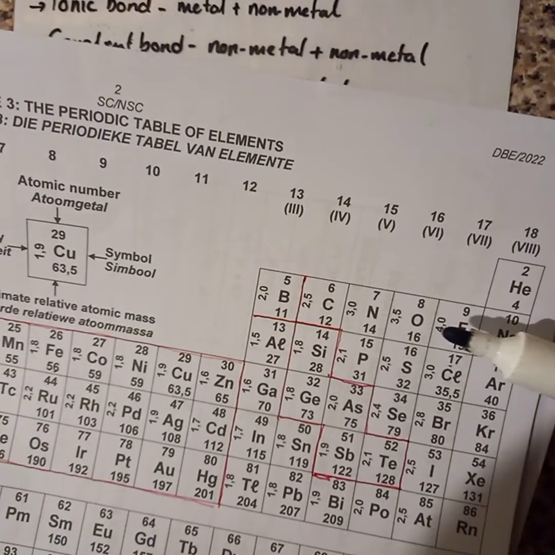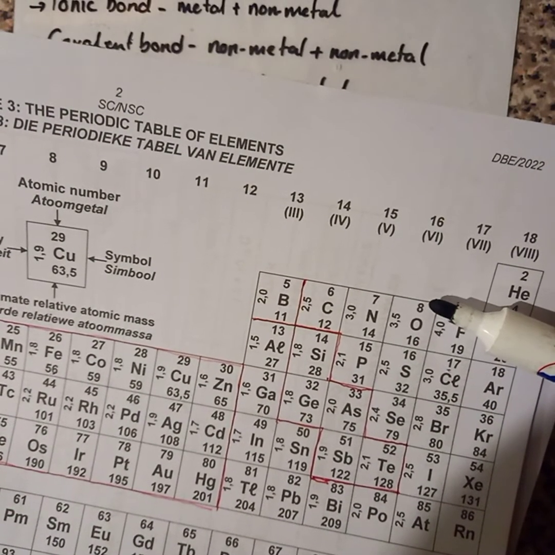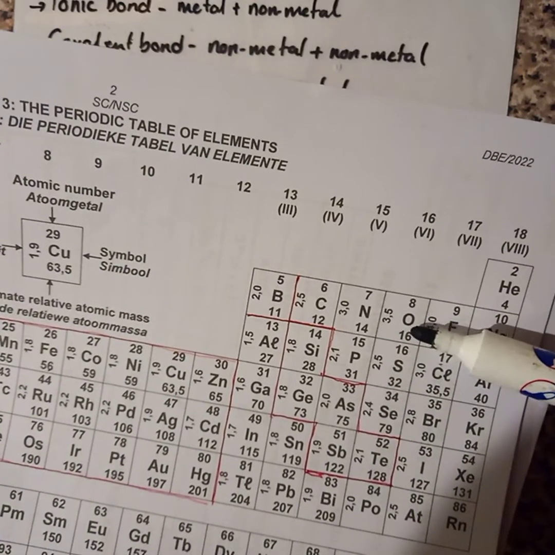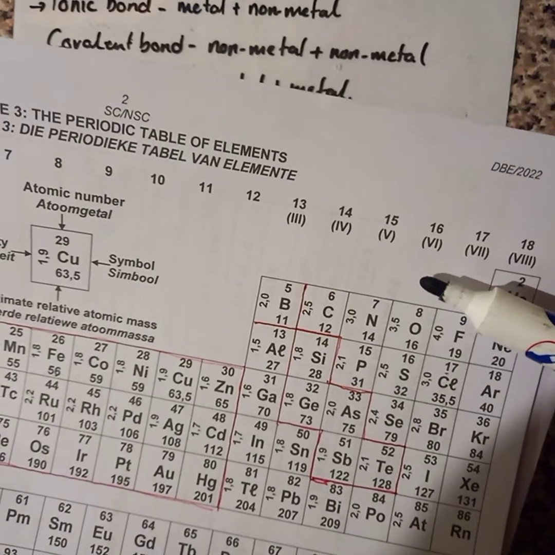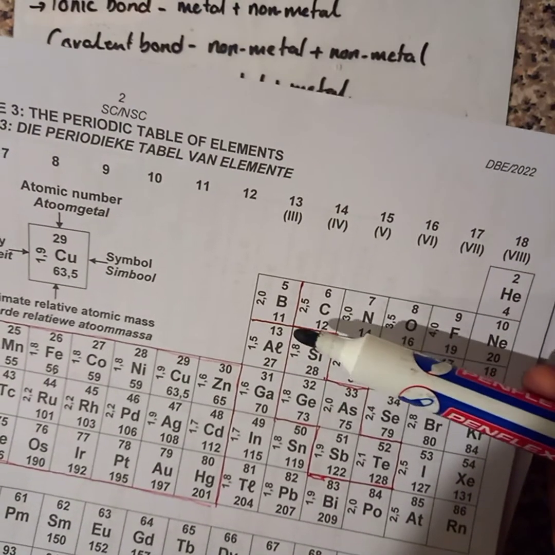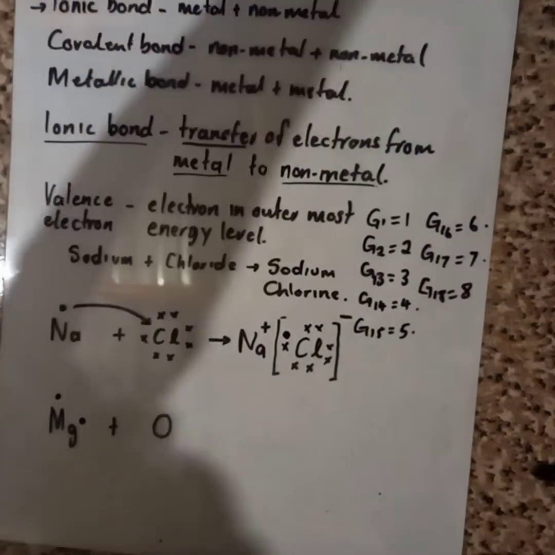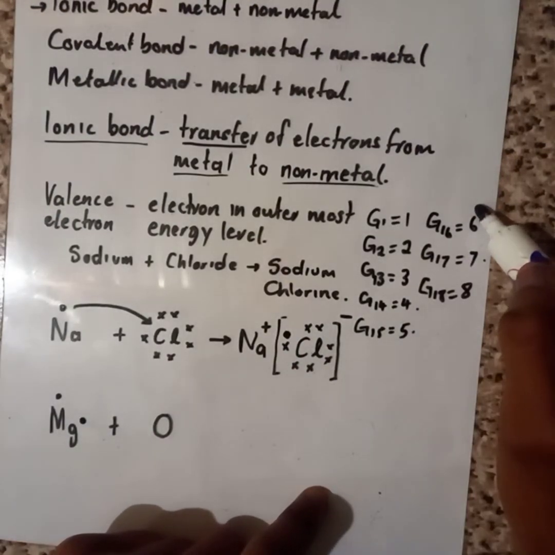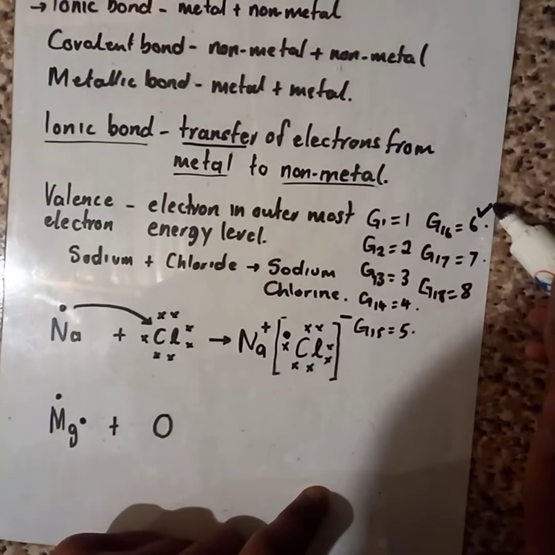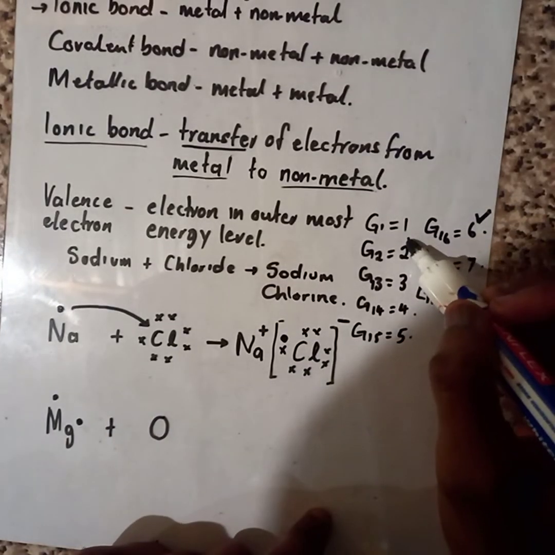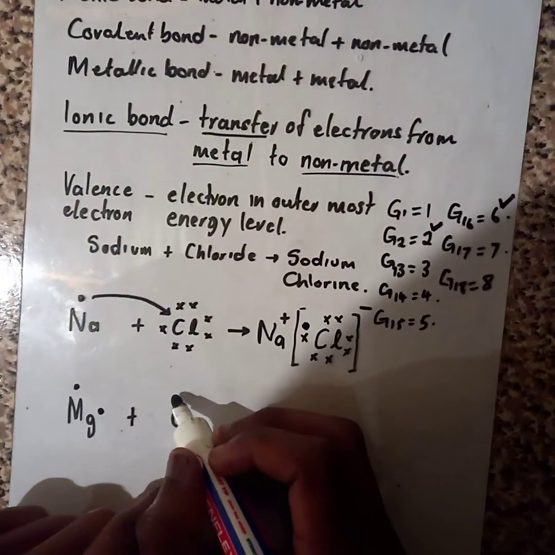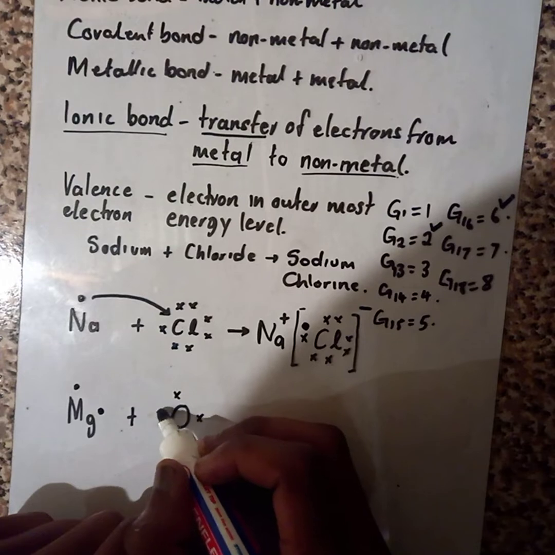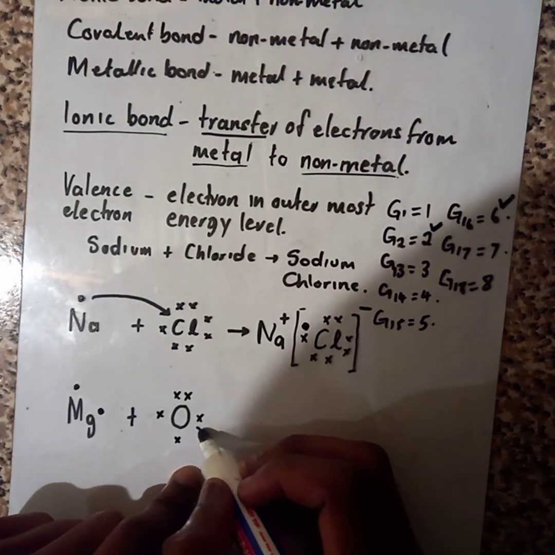It is situated in group 16. You see a 16 there. It will have a valency of 6. Group 16, valency of 6. Then group 2 will have 2. Then it's going to be 1, 2, 3, 4, 5, 6.